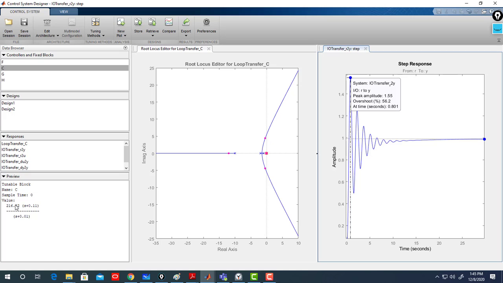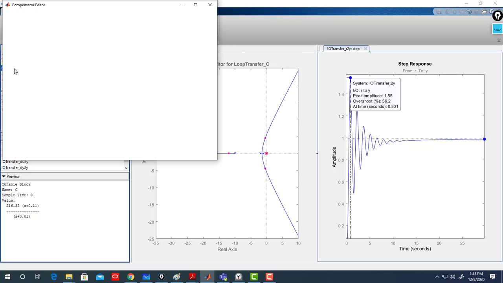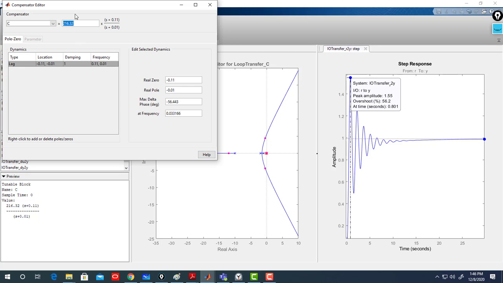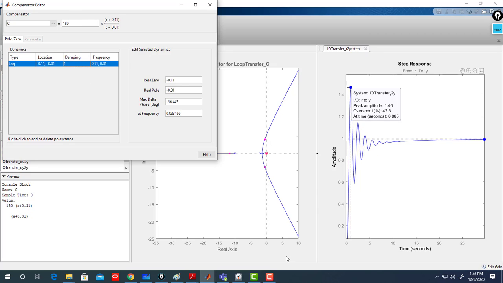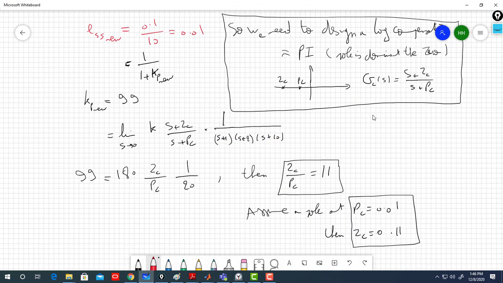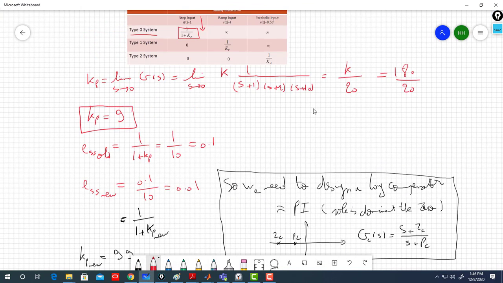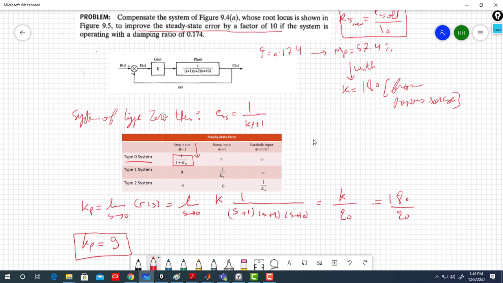So then maybe 56. If I use 180 as the one we had before, it's 47.3. So 57.4.